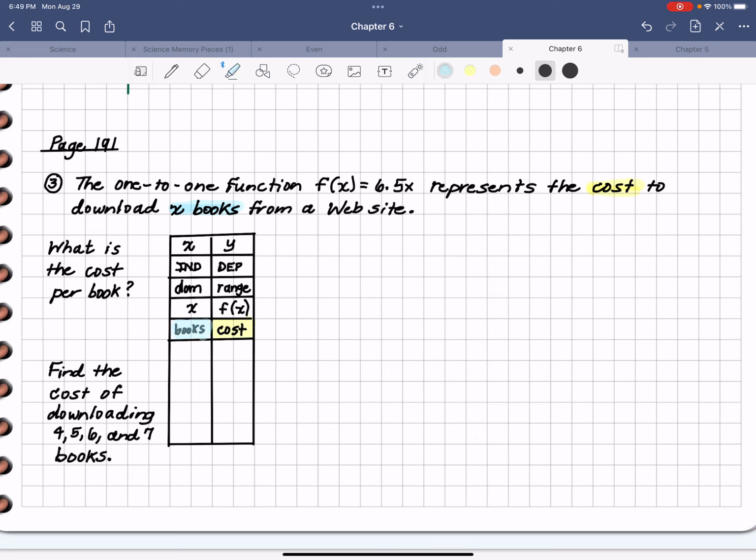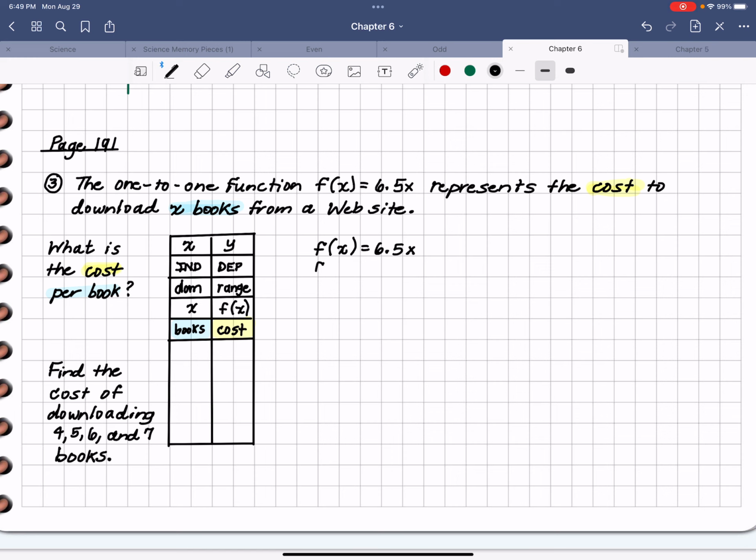So once you know that, the first thing I want to do is look at my equation. So I have f of X equals 6.5x. And we're going to let that be, this first one, the cost of one book. We want to know the cost of one book. And if you look at your problem over here, this is your X component and this is your Y component.